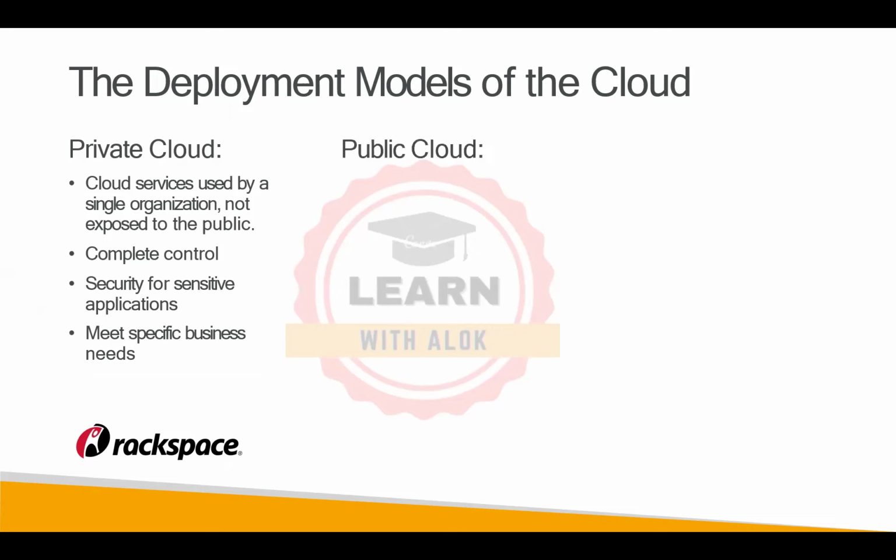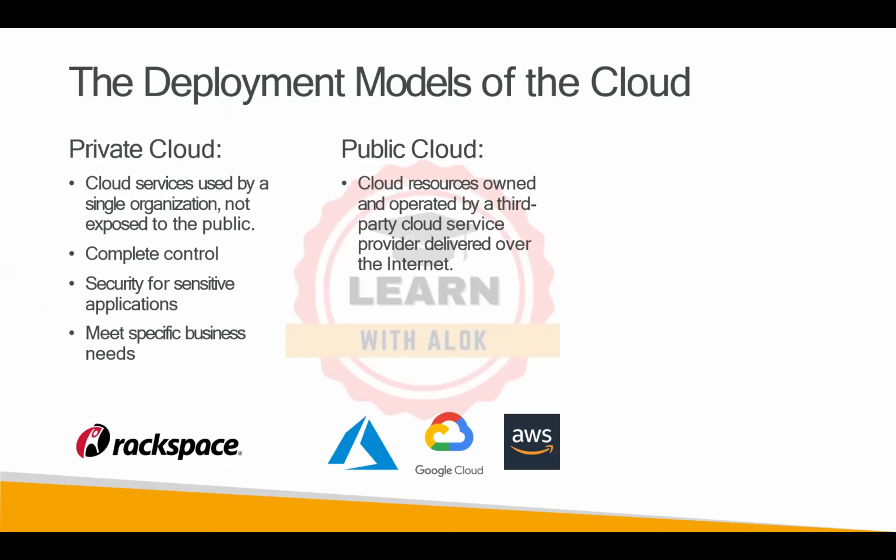Next comes public cloud. For public cloud, the three major players in the market, you may already know, are Microsoft Azure, Google Cloud, and AWS, which we are learning now. So these are examples of public cloud. What is public cloud? Cloud resources owned and operated by a third-party cloud service provider, delivered over the internet.